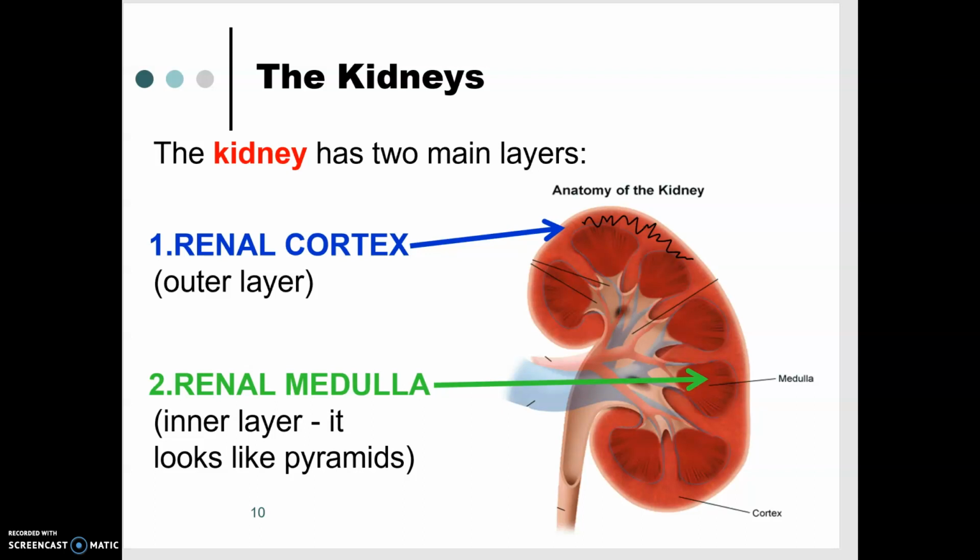And then the area inside of that, this area that goes along here like this, it covers this part too, that's going to be the inner medulla. The inner medulla will look like a pyramid, a triangle shape, so you'll see them organized in areas like that.